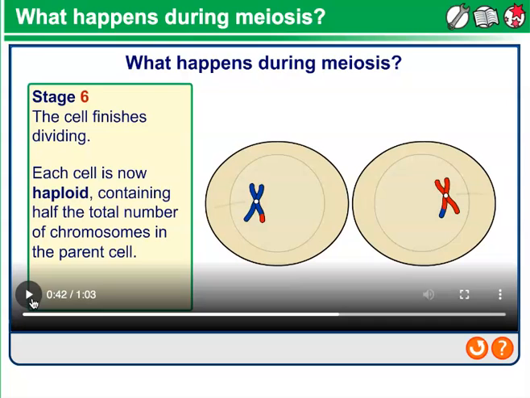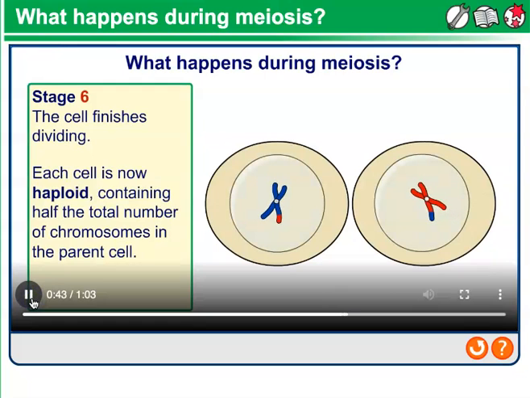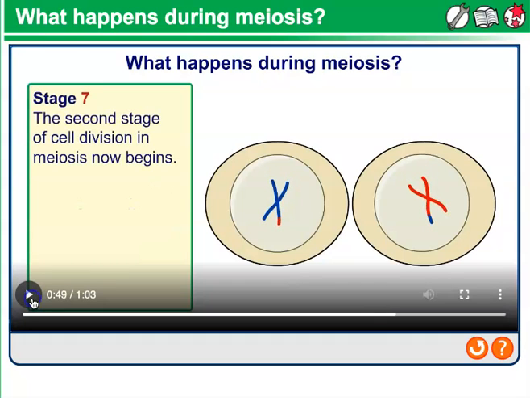Finally, in stage 6, the cell finishes dividing. Each cell is now haploid, containing half the total number of chromosomes in the parent cell. Stage 7, the second stage of cell division in meiosis, now begins.